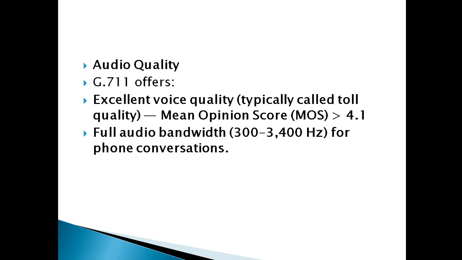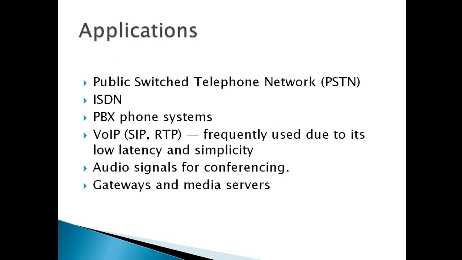What happens in those is that the audio is compressed. That means the samples within a second are fewer compared to G711. And the mean opinion score is more than 4. So mean opinion score is a standard to measure the quality of the voice.